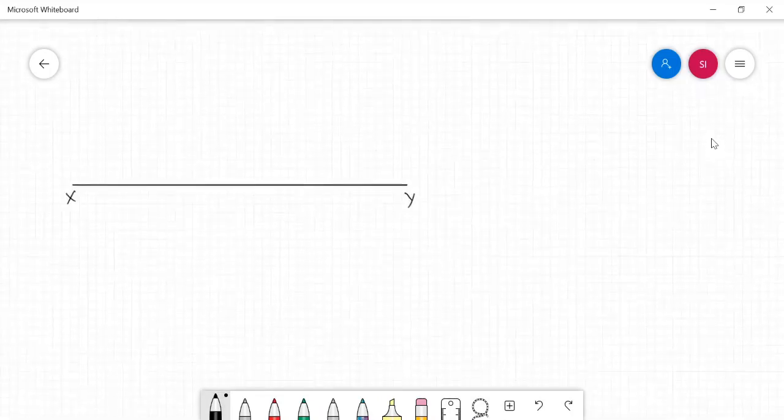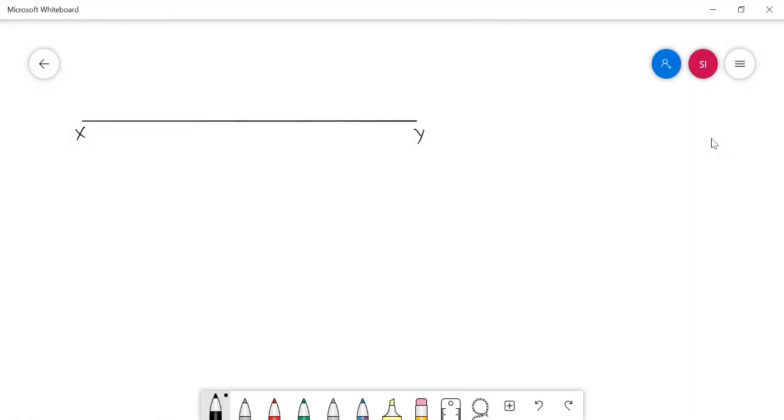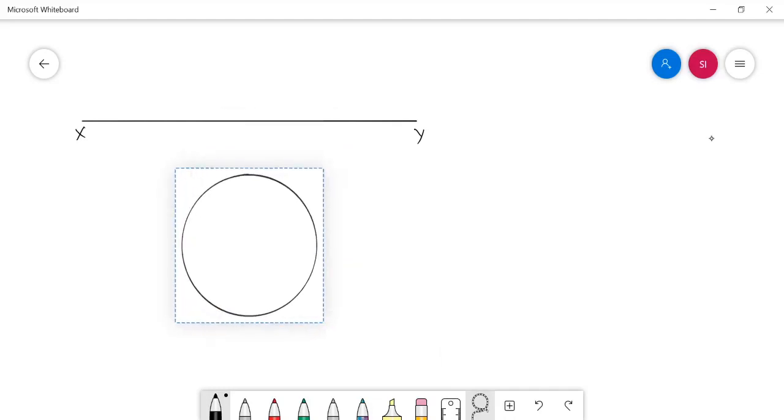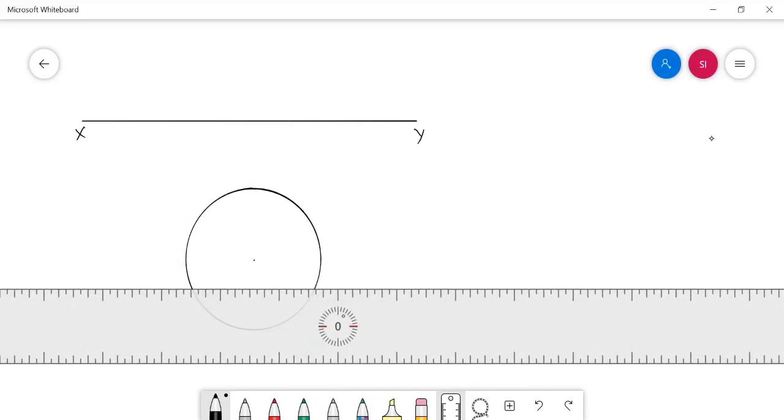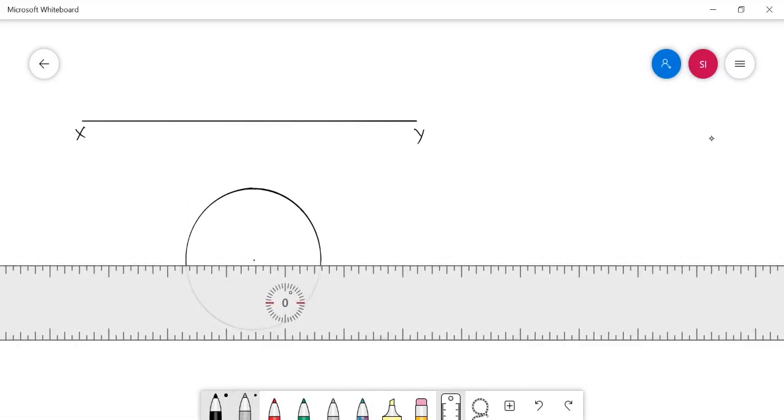The base view, as we discussed, is a circle. And we need to split the circle into 8 equal parts as usual.